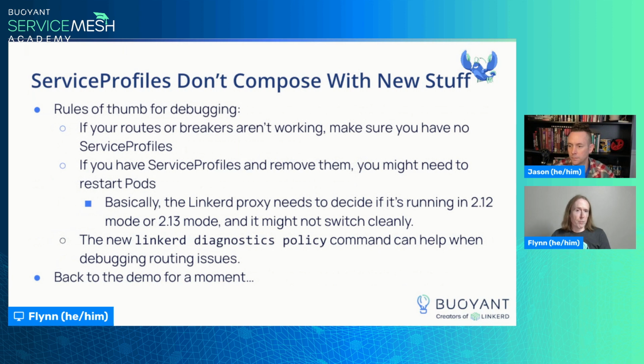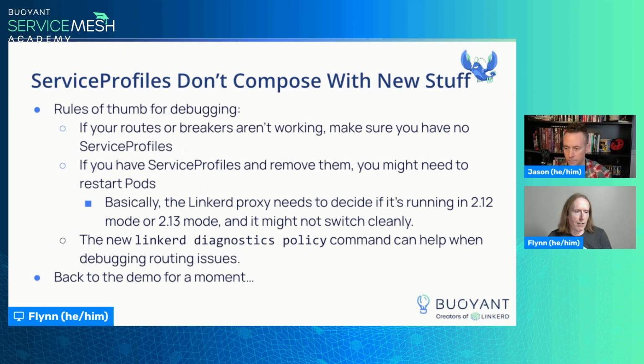But if you're setting up something where you're running an existing staging setup or an existing development setup, yeah, you may actually have staging workload, or you may already have service profiles in play, and you may need to delete the service profiles before the HTTP routes will start taking effect. One extra gotcha there is that if you do have service profiles and you remove them, you might actually need to restart the pods that are feeding traffic to the things that the service profile affected.